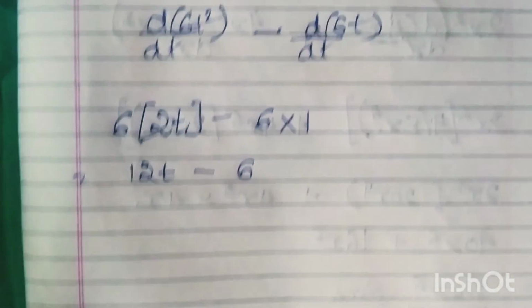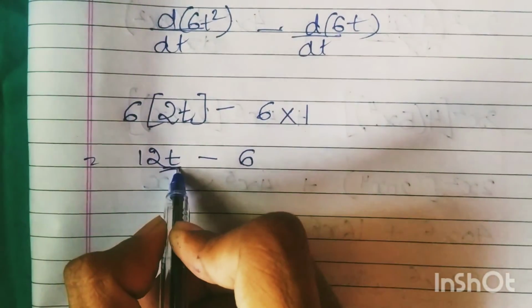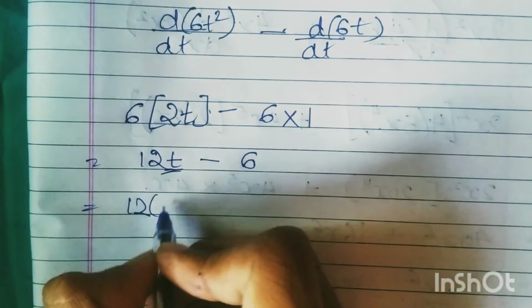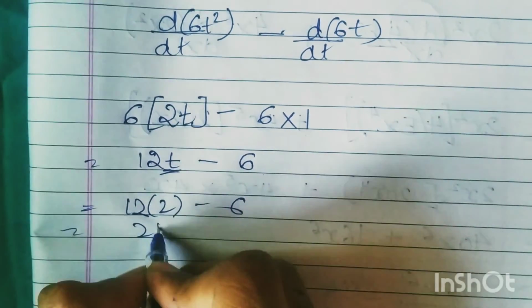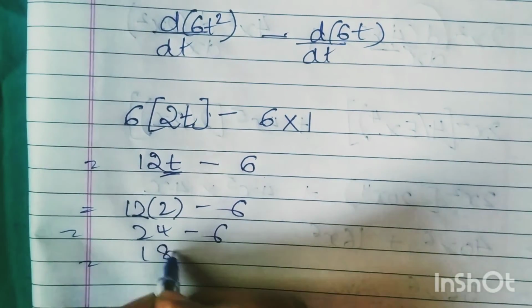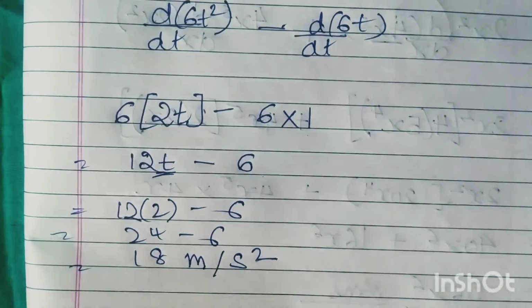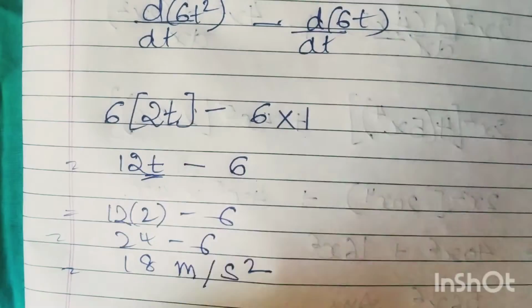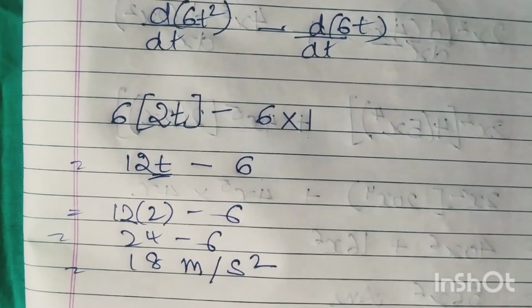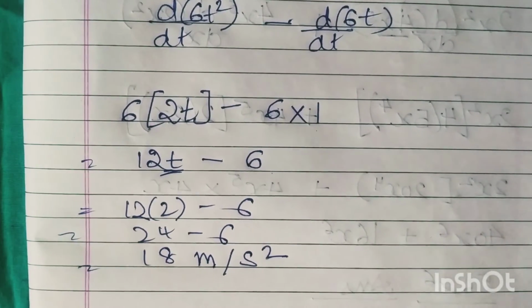But we are given time, so we will replace the time value here. So 12 into 2 minus 6, that is 24 minus 6, 18 meter per second square. Remember the SI unit: velocity is meters per second, but acceleration is meters per second square.